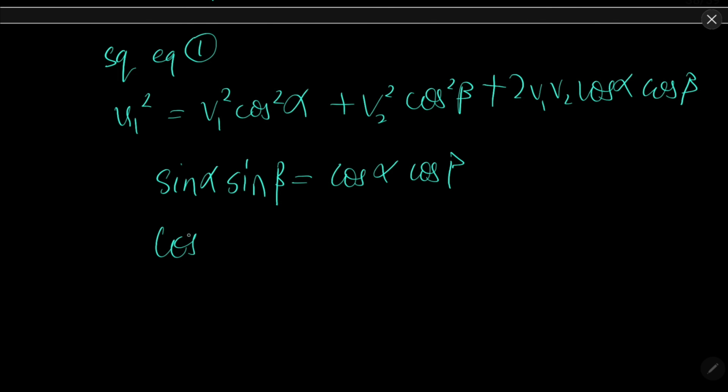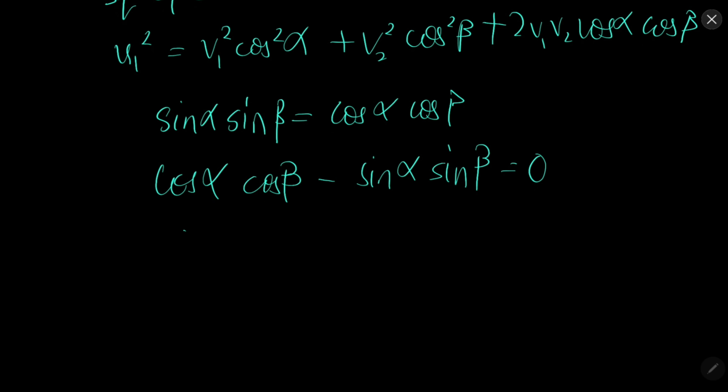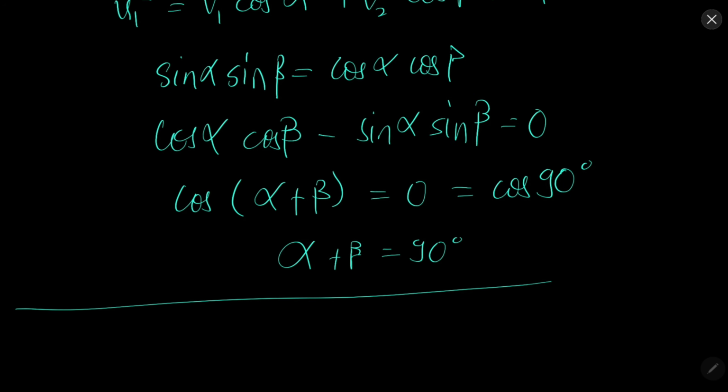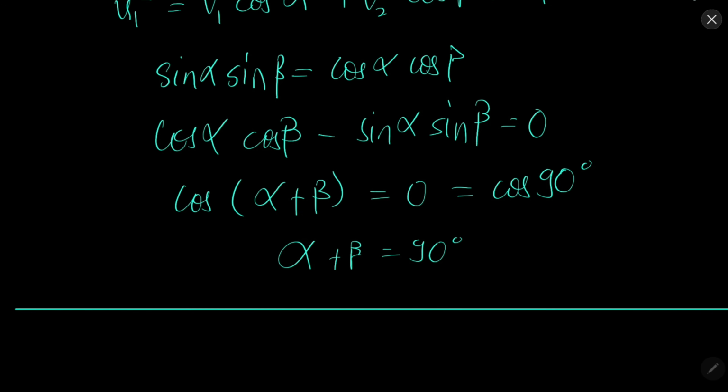So cos alpha cos beta minus sin alpha sin beta equals 0. This is the cos(a plus b) formula, and cos is 0 when the angle is 90 degrees. So alpha plus beta is 90 degrees. This proves what they are asking for: the sum is 90.